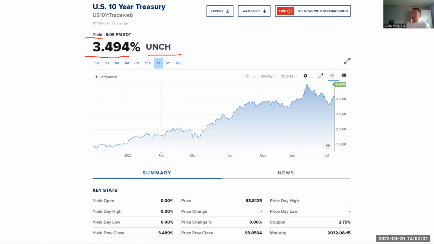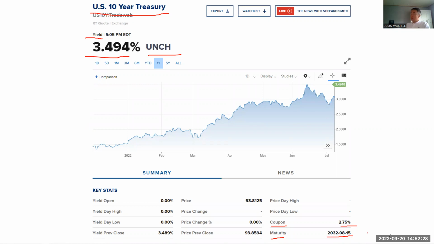So anyway, you see the price and the coupon rate. The coupon rate of this 10-year Treasury is 2.75%, okay? And maturity, 10 years. So it matures in 10 years, 2032, August 15.